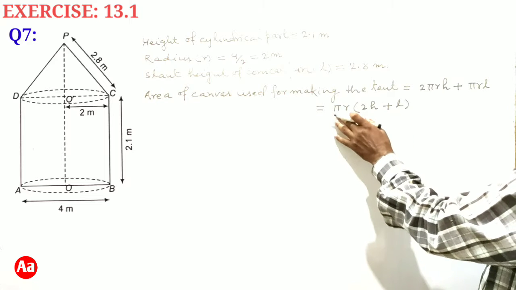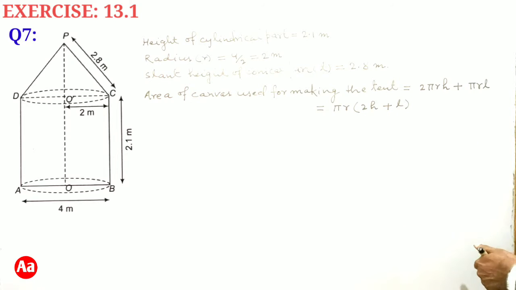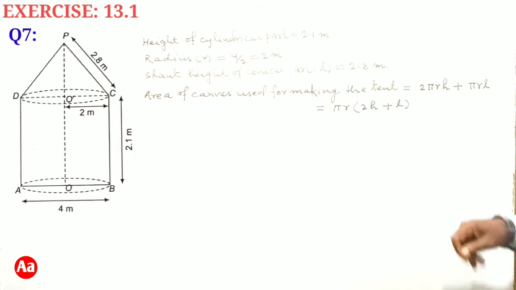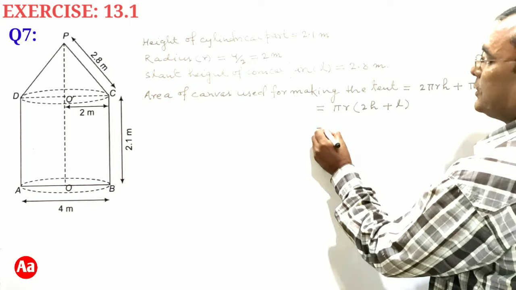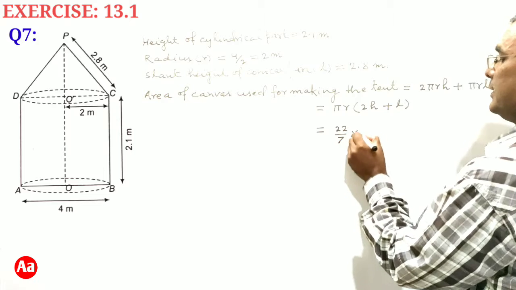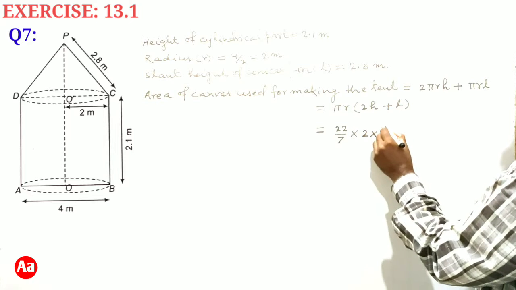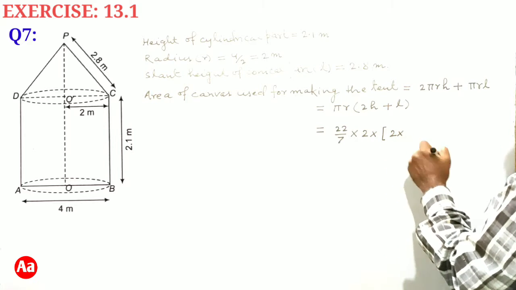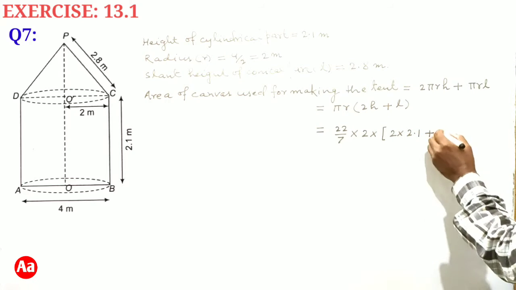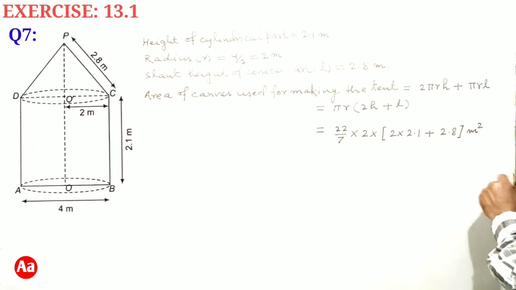Now let's put values of pi, radius r, height h of the cylindrical part and slant height of the conical part of the tent. So this is equal to 22 by 7 into radius 2 meter into (2 into height 2.1 meter plus slant height 2.8 meter) square.